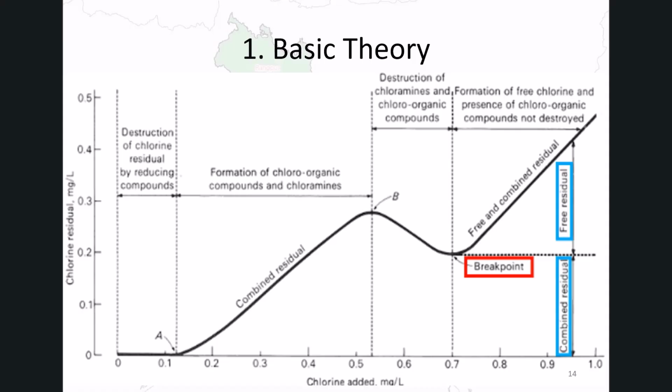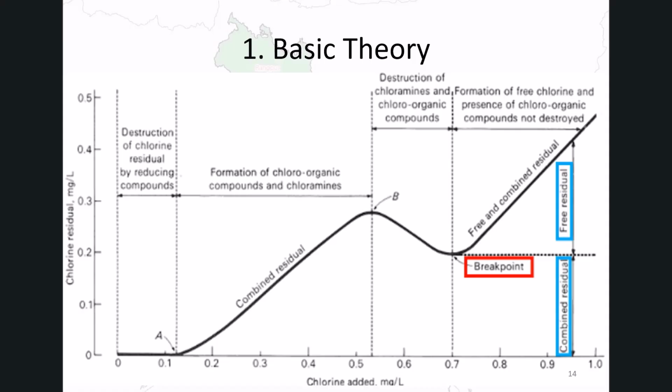When you further add chlorine, the combined chlorine starts to be destroyed through oxidation of itself. This causes the residual chlorine level to drop temporarily, and the chlorine dosage will reach the breaking point, as you can see at 0.5 to 0.7 mg/L in the graph.